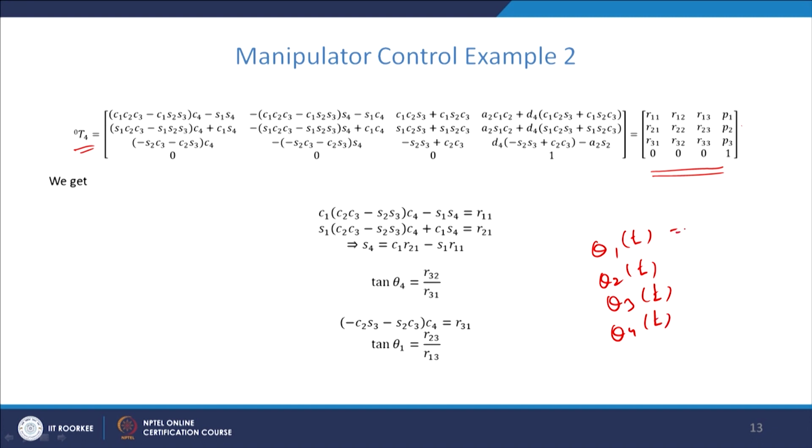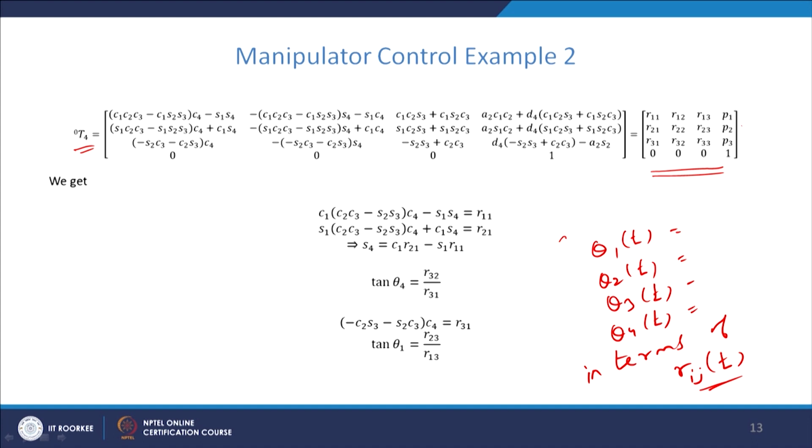So, all the angles can be obtained by solving the inverse kinematics problem in terms of these R i j, which are all functions of time. So, the main problem here is to give R i j as a function of time and then solve the inverse problem for theta i, i equal to 1 to 4, as a function of time.